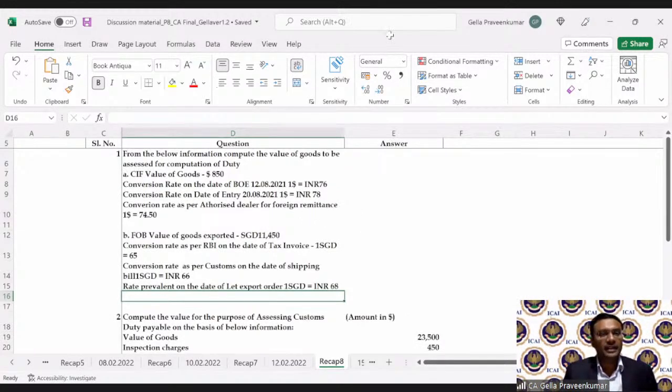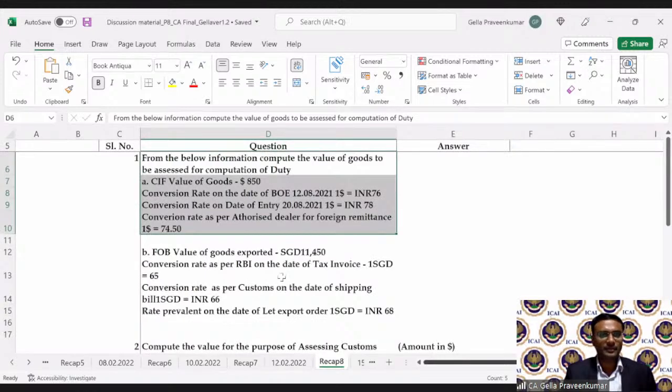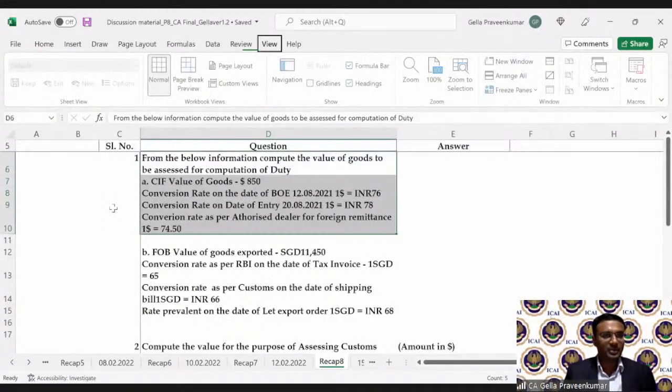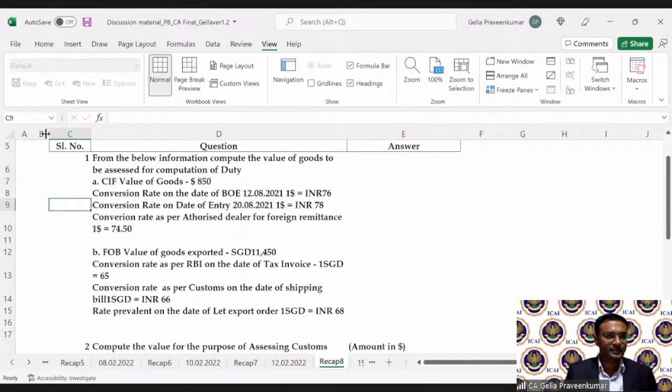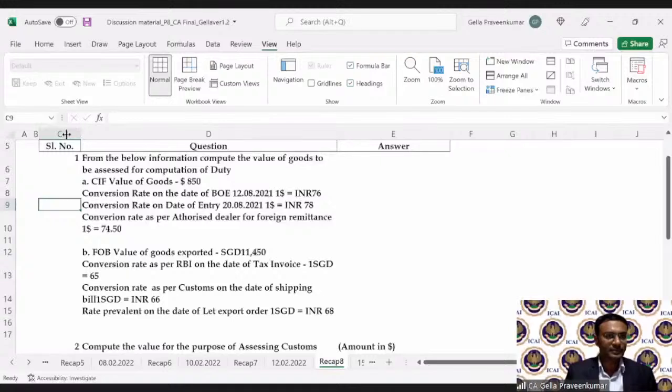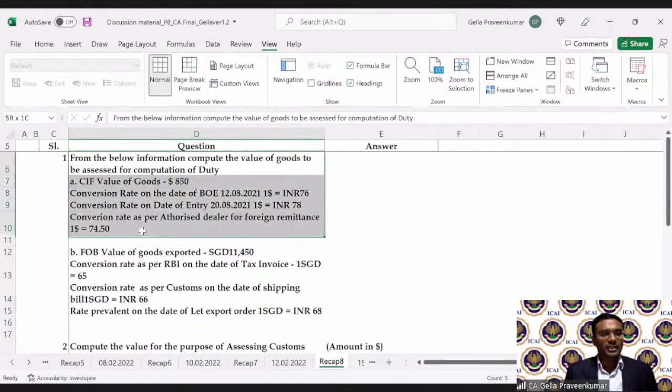Now, let's start with our first question. Question number 1, sub-clause A: from the below information, compute the value of goods to be assessed for calculation of customs duty.